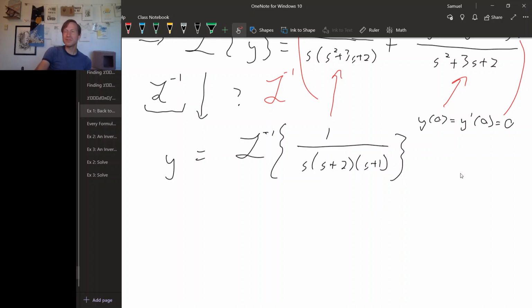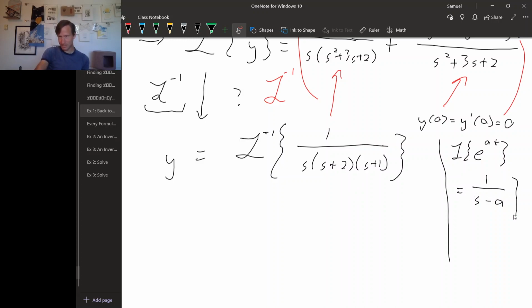But one of our Laplace transform formulas is that the Laplace transform of e to the at is 1 over s minus a. So a rational expression like this, as long as it has a linear denominator, we could take the inverse Laplace transform of it.